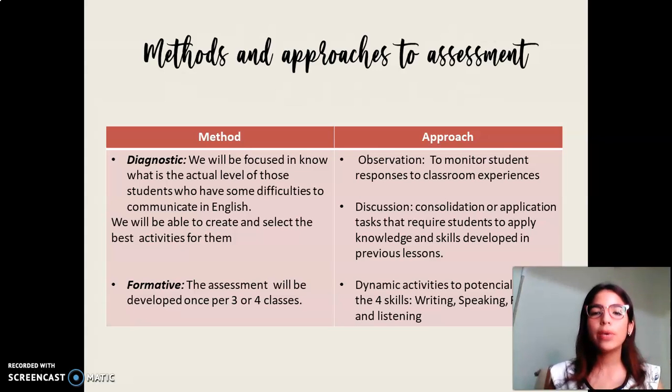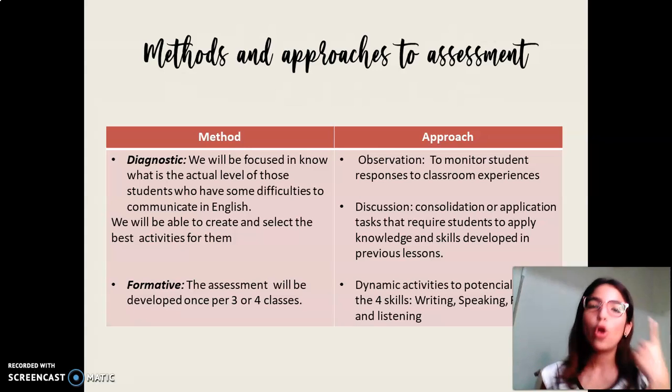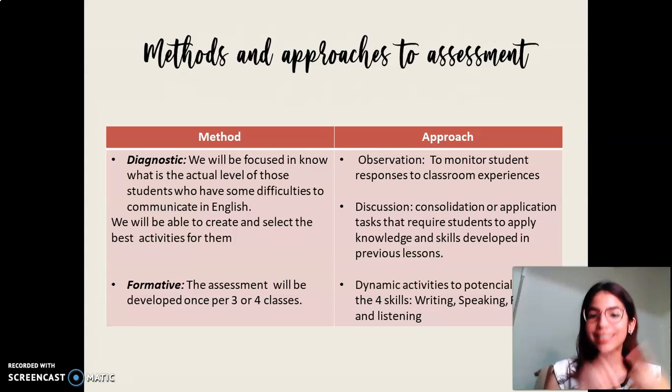And finally, we have some dynamic activities that we are going to create and apply to potentialize all 4 skills: writing, speaking, reading, and listening. Those 4 skills are the ones that we are going to help them potentialize through dynamic activities.